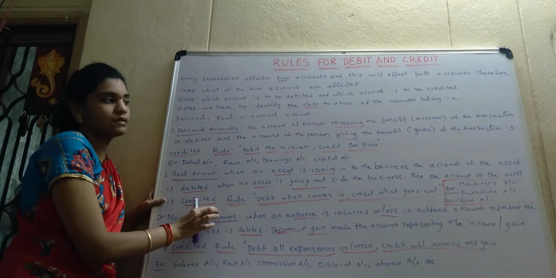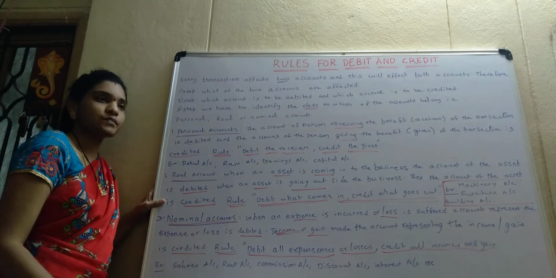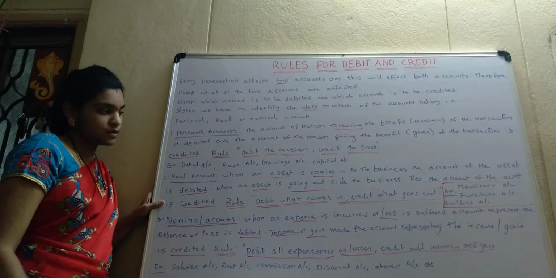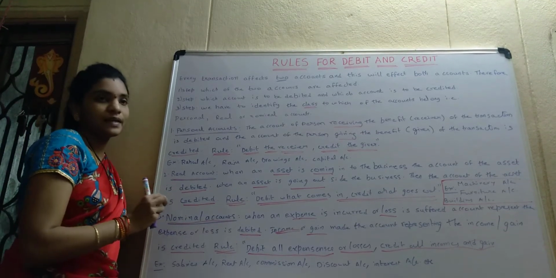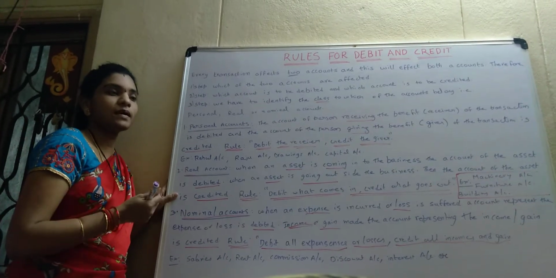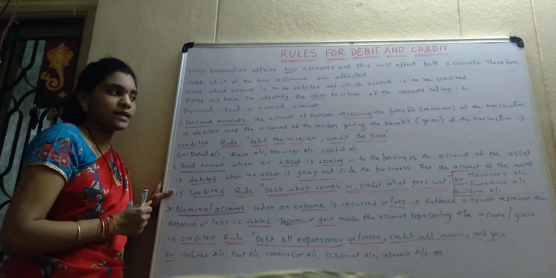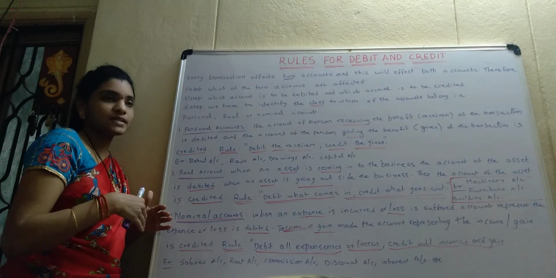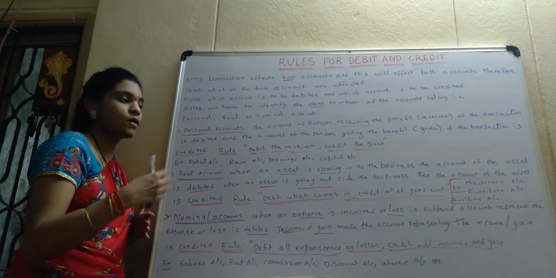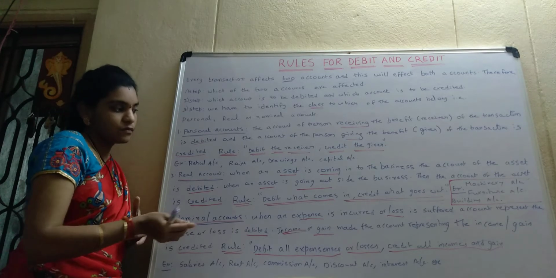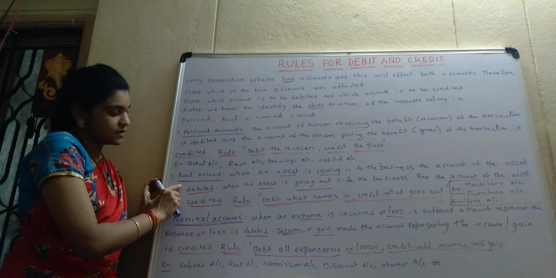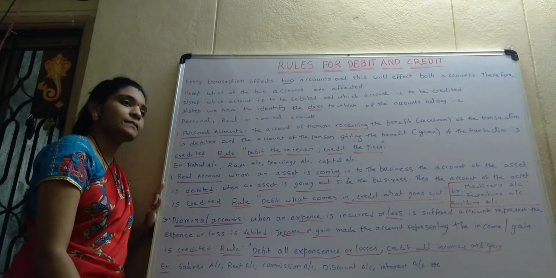For example, if you buy machinery for our business, machinery comes into our business, and cash goes out of our business.